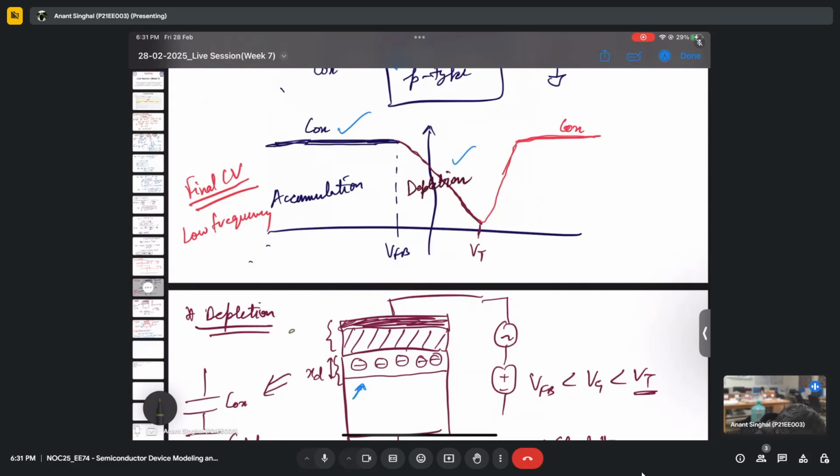The depletion region will remain the same, and after that we will have the depletion capacitance as is. So this is the characteristic of high frequency CV that we saw in the previous lecture, with some problems also.